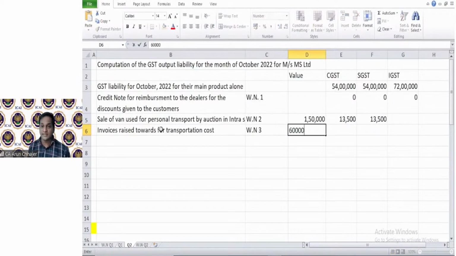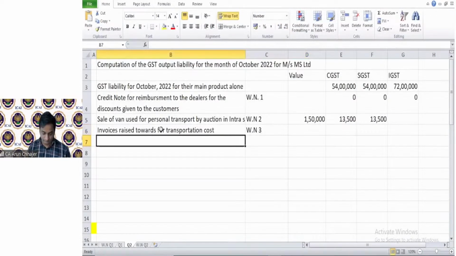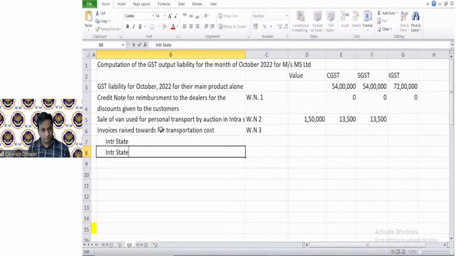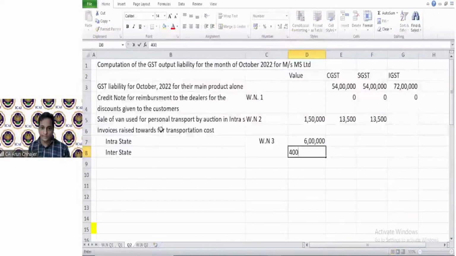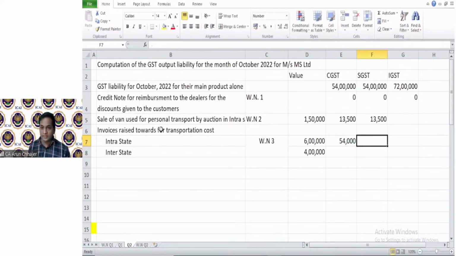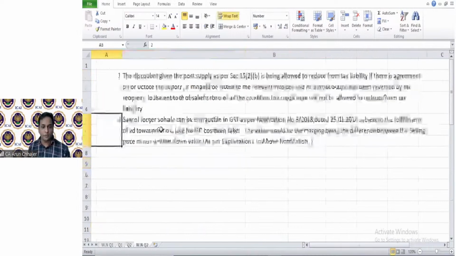First I will write 6 lakh and then 4 lakh. This would be intra, and this would be inter. Go to the working note number 3.